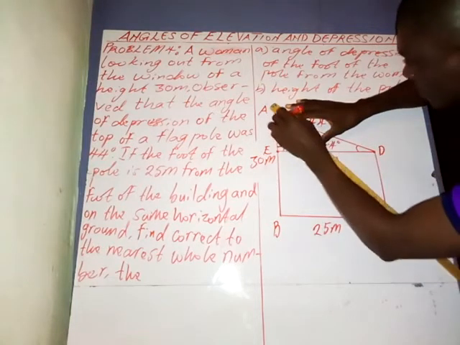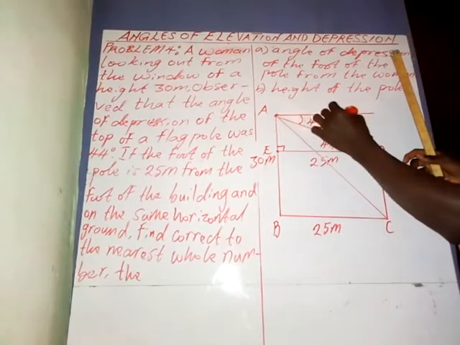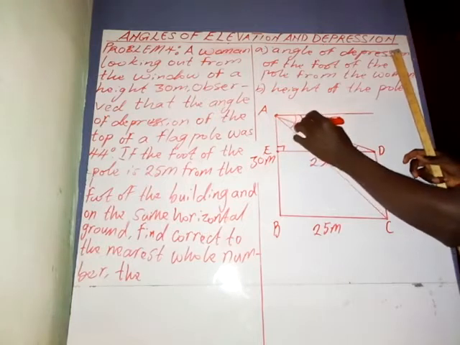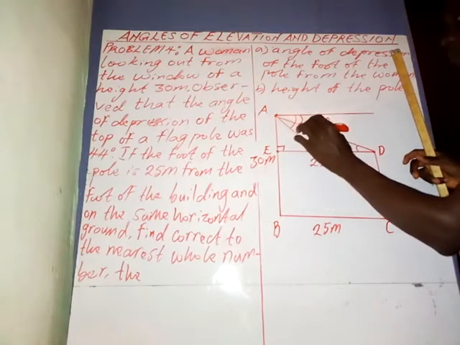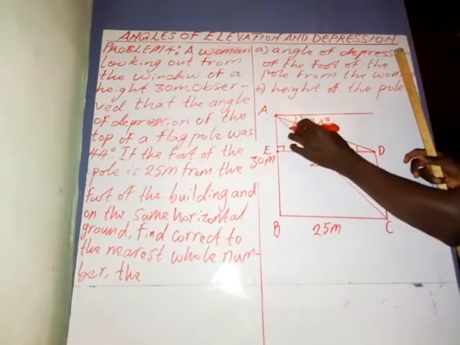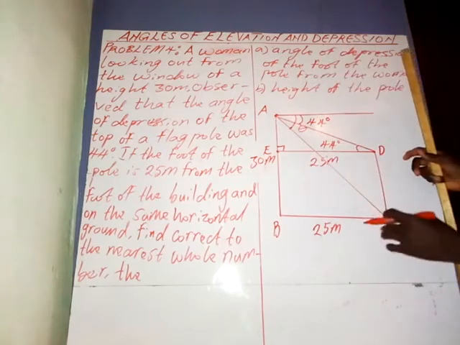The line goes like this. The angle from here to here is not known, so let's call it theta. That is the angle of depression of the foot of the pole from the woman.